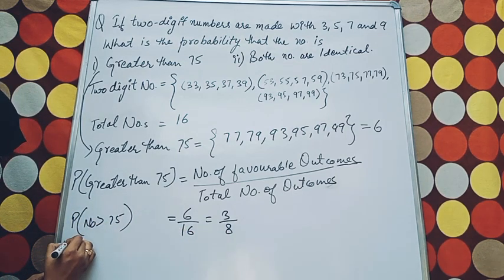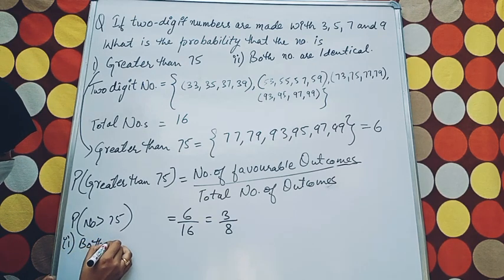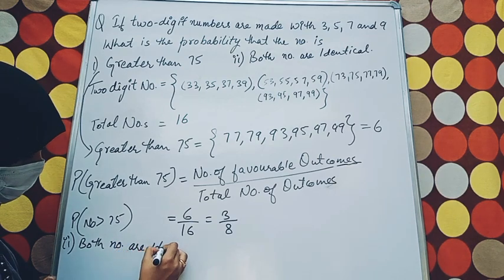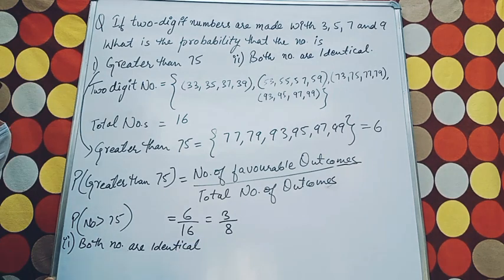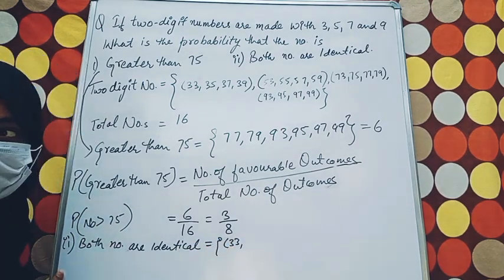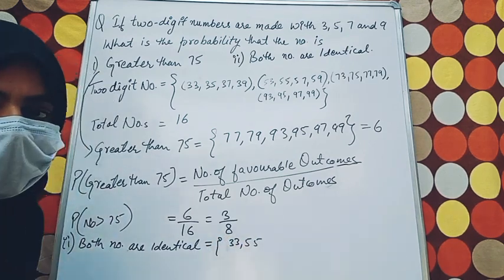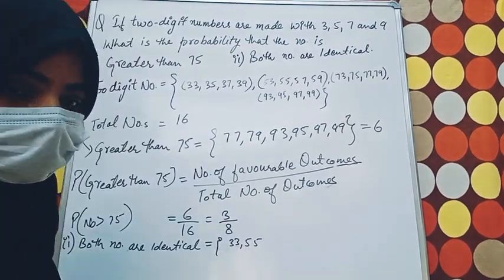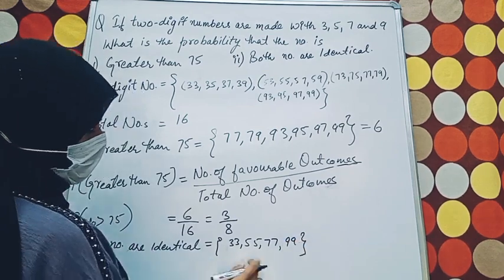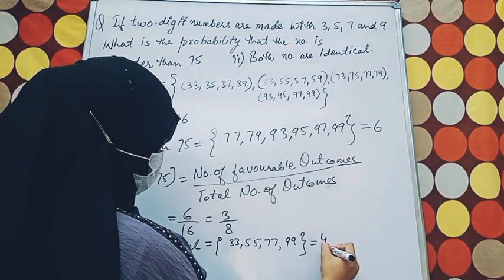For both numbers are identical, what are they? 33, 55, 77 and 99. Both numbers are identical. Identical means both numbers are the same. How many are there? 4.